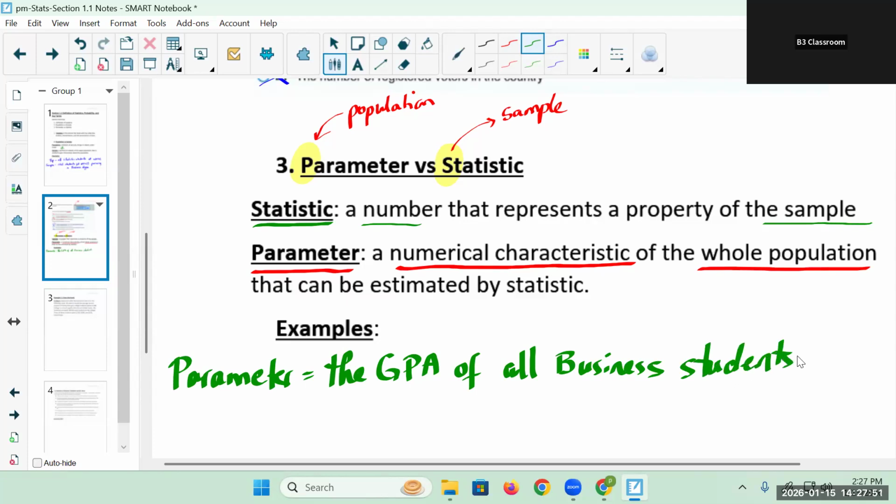Now, frankly, that's too general. So it would probably be something like the GPA of all business students during this semester, okay? Because GPA keeps changing.